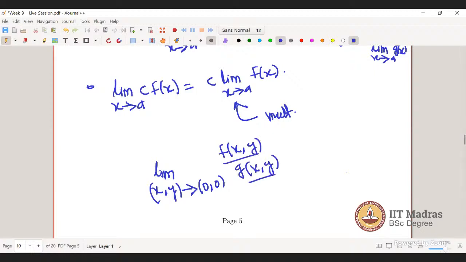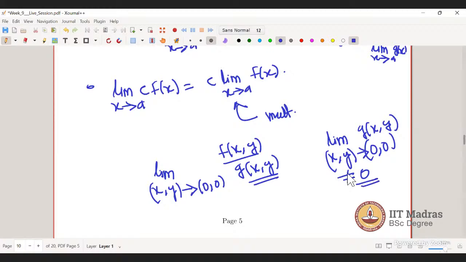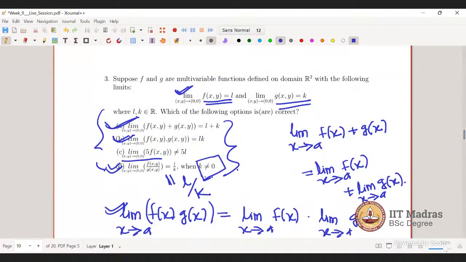The only condition we need is that this value is not 0, which we have mentioned here. This k is not 0. And k is basically this limit, right? So that is already mentioned.